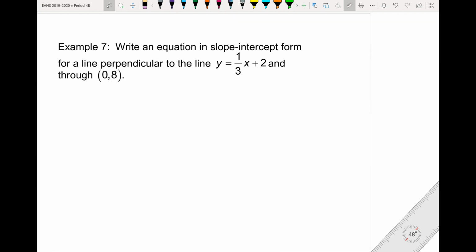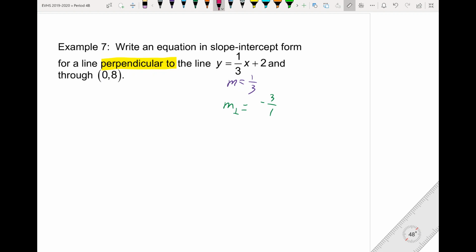Does 7 say slope-intercept or point slope? It says slope-intercept? Okay. All right, write an equation of the line, again, perpendicular to. So, here my slope is 1/3. My perpendicular slope is -3/1.